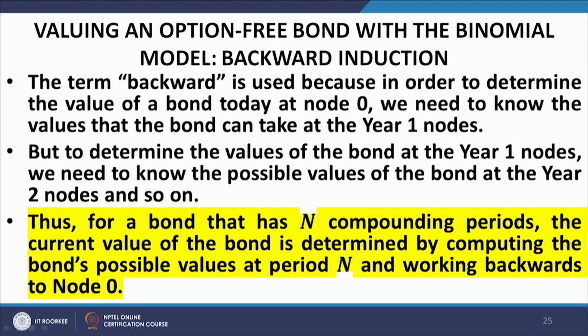For a bond that has n compounding periods, the current value of the bond is determined by computing the bond's possible values at period n and then working backwards to node 0. From the values of the bond at t equal to n, we work out the values it could possibly take at t equal to n minus 1 and then t equal to n minus 2 until we reach t equal to 0. Therefore, it is called backward induction.